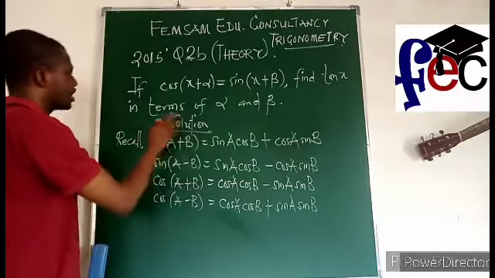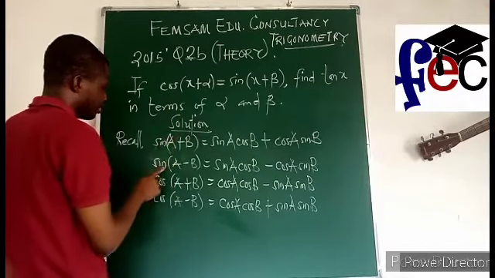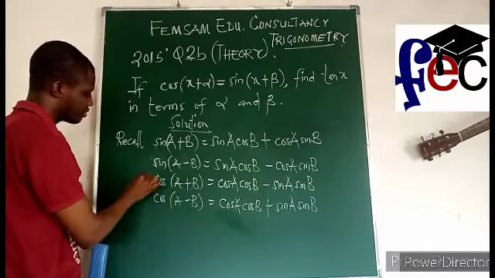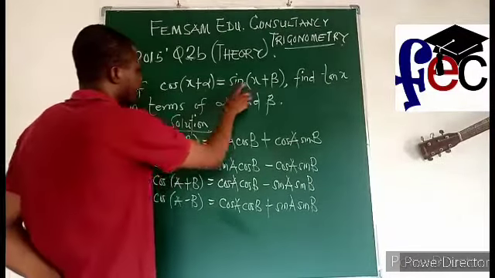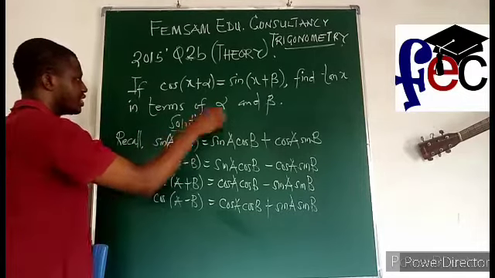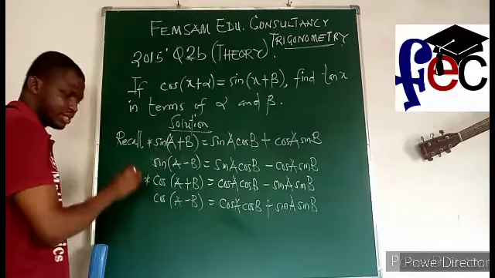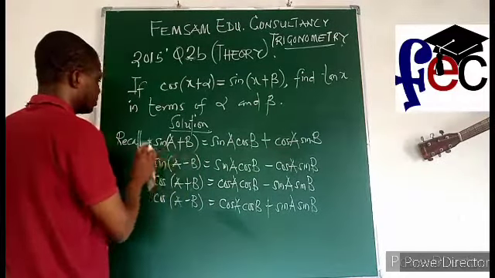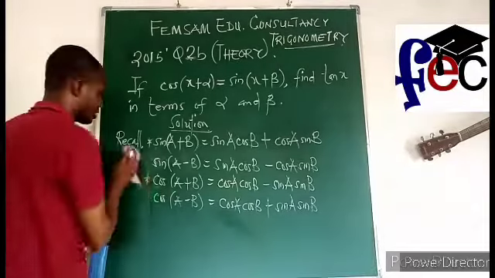But when we check what we have been given here, we see that cos(x + alpha) can be expanded using this particular relation. Then sin(x + beta) can also be written using this other relation. So this is just the addition formula I will need to apply to be able to solve that problem. I hope that is gotten.